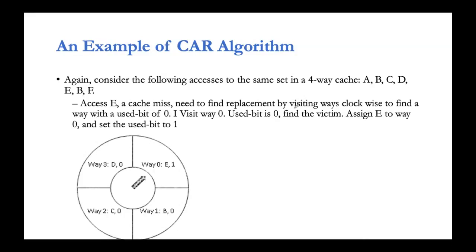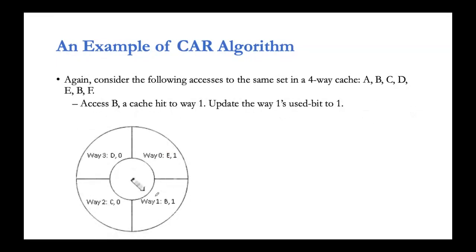When it is visiting clockwise to find a way with a used bit of 0, it starts finding a used bit of 0. So when it visits way 0, the used bit is 0 in this case. So find the victim, assign E to way 0, and set its used bit from 0 to 1.